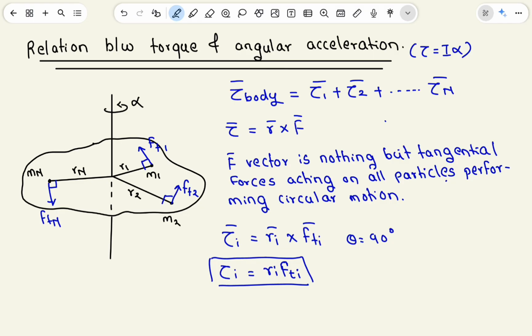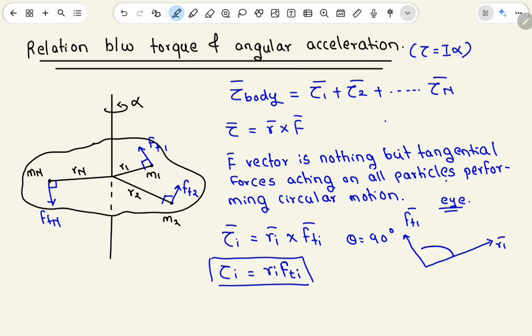Now, it is very important to find out the direction of all the torques acting on all the particles. If we consider particle 1 and draw the position vector and the tangential force vector, the position vector is like this, R1 bar, and the tangential force vector is like this, Ft1 bar. To find out the direction of the torque vector, we rotate Ri bar in the direction of Fti bar, and we observe this rotation from the top.